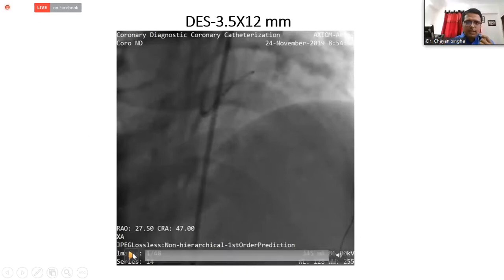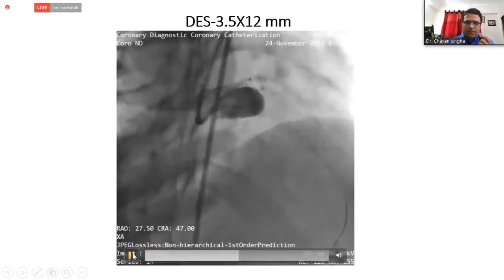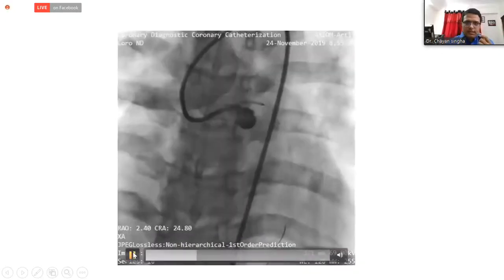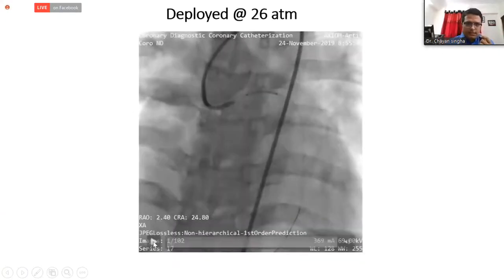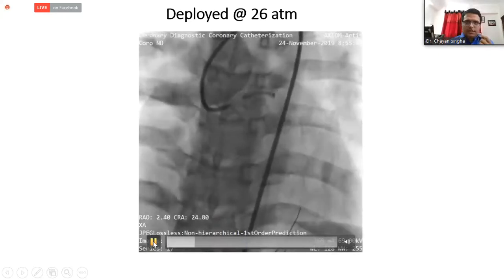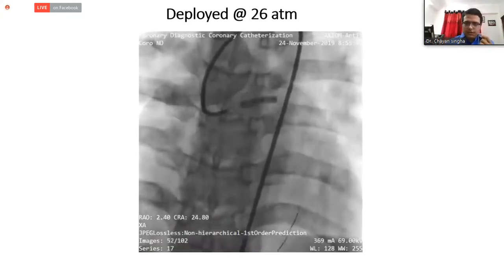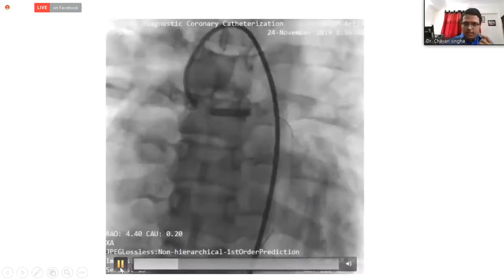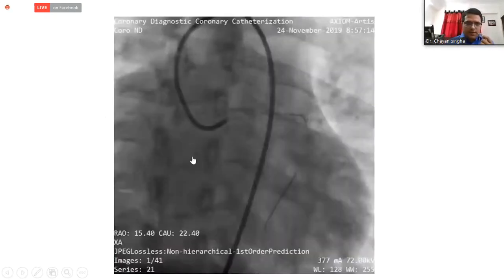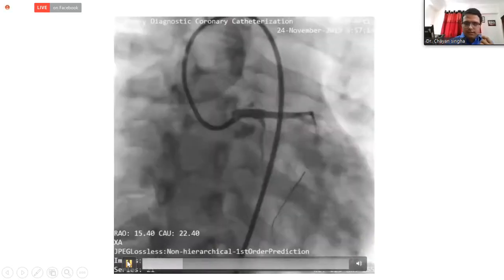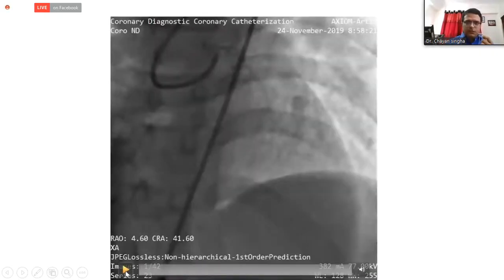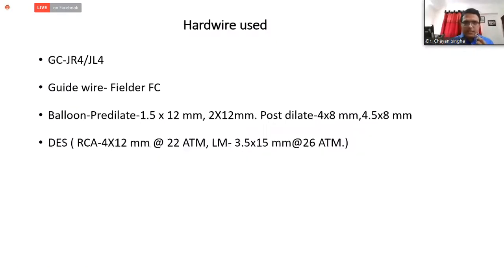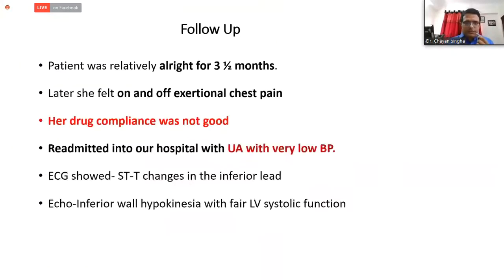We deployed a 3.5 by 12 millimeter drug-eluting stent, and this is the image showing the stent deployment. It was deployed at high atmospheric pressure, and then post-dilatation was done. This is the final result, showing TIMI 3 flow and a good myocardial blush. And this is the hardware we had used.